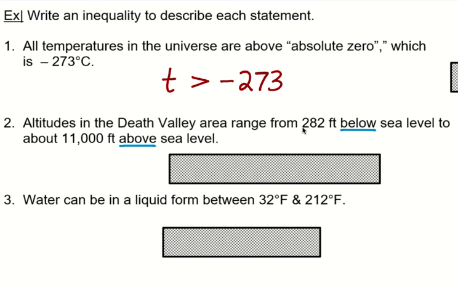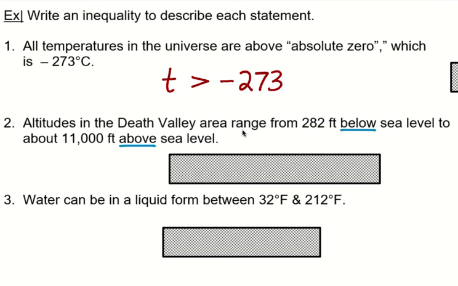So the only remaining question I have is, is this verbiage giving you the vibe that we're between negative 282 and positive 11,000, but could we also equal? Are we in between and including negative 282 and including positive 11,000? So basically, what I'm getting at here is, is it going to be less than or equal to symbols that we use?